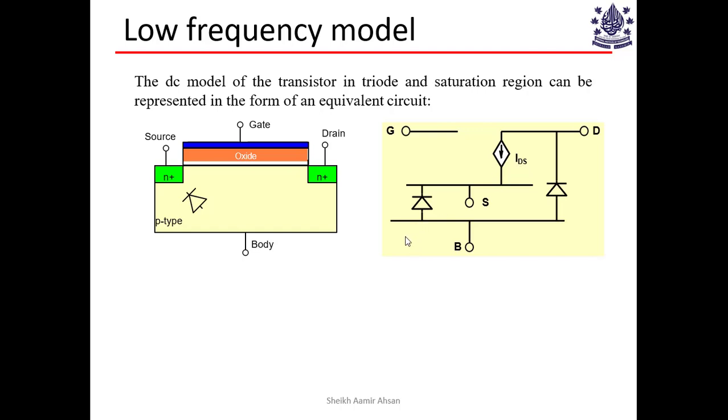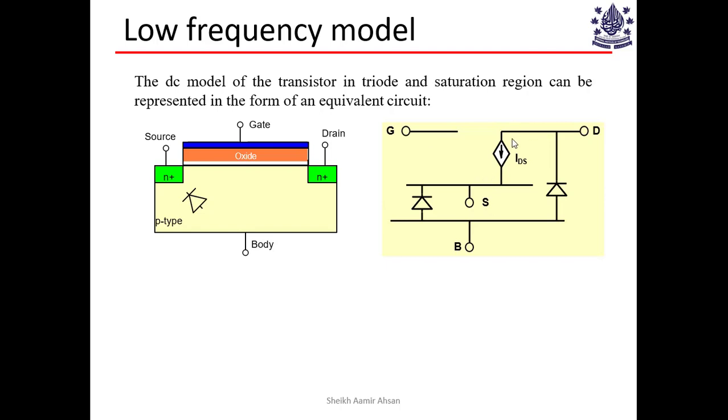What about source? Between the source and the gate, nothing, because the gate is isolated. Between the source and the body, we have a PN junction which is reverse biased, this one over here. And between the source and the drain, we have this current. Is there anything else? I think that is it.